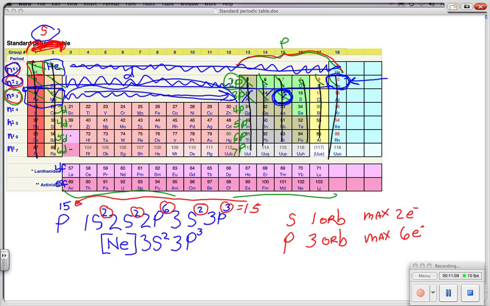Okay? You get over to the D's. These have 5 orbitals. They can hold a maximum of 10 electrons.